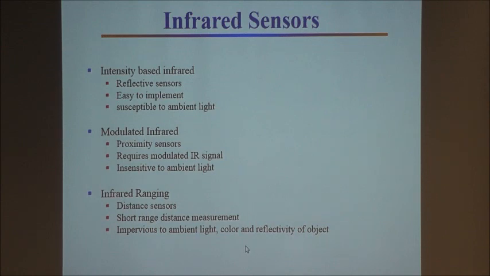Infrared sensors. Intensity-based infrared reflection sensor, which sends a signal like a laser beam to an object and waits for it to bounce back and receives it, and then a process which I'll explain now or next lecture.